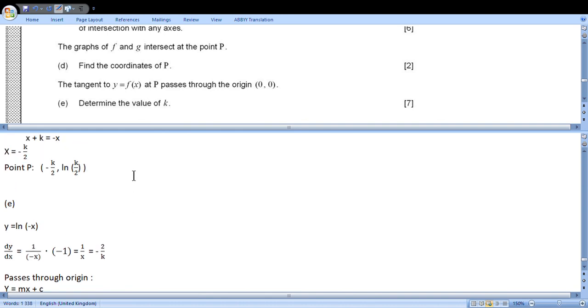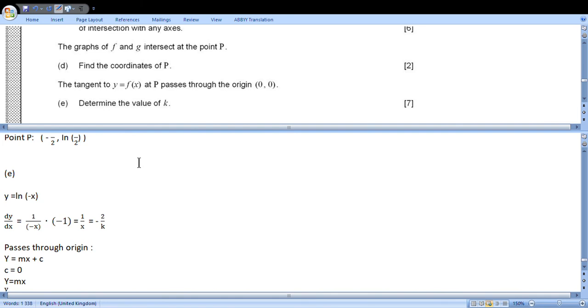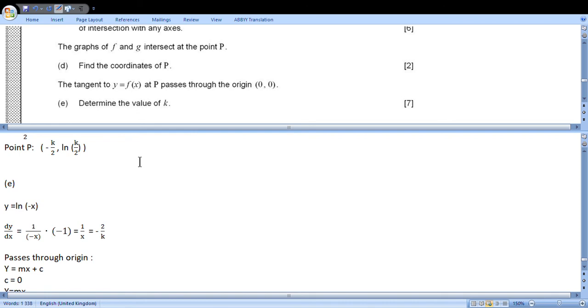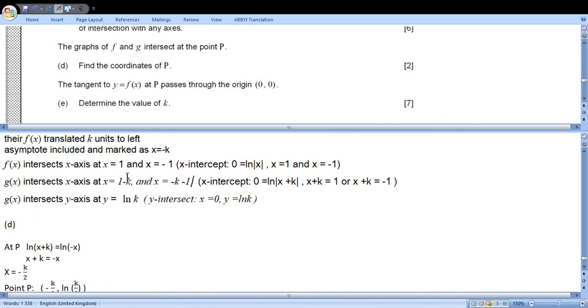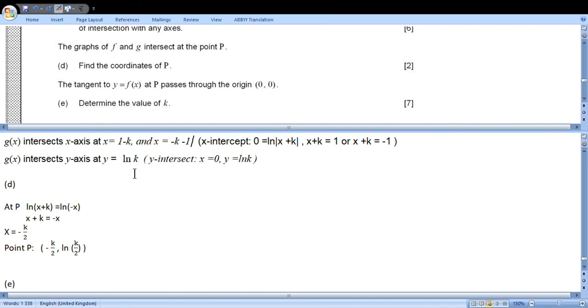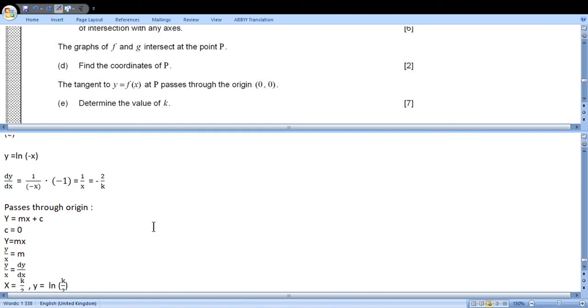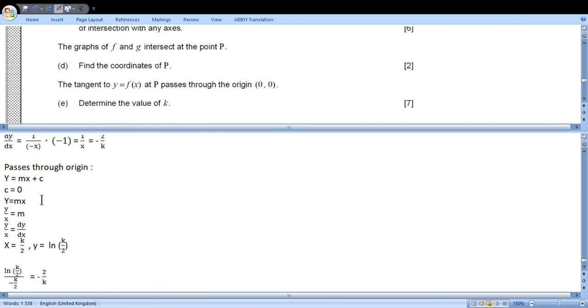The derivative at point P, where x equals minus k over 2, dy by dx at this point equals minus 2 over k. It passes through the origin, which means that c equals 0, and y equals mx, or y over x equals m, and m equals dy by dx.